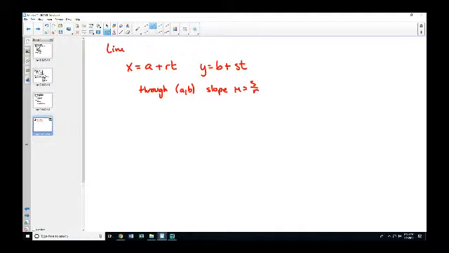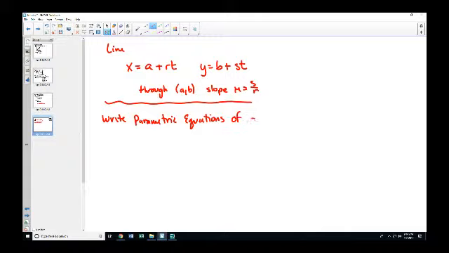M is slope, remember? y equals mx plus b.